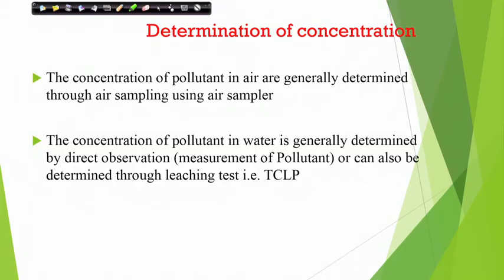TCLP is one test which is done, and those of you who have taken a solid waste class before may have talked about TCLP there. It is basically to find out how much contaminant will leach in an MSW landfill scenario.